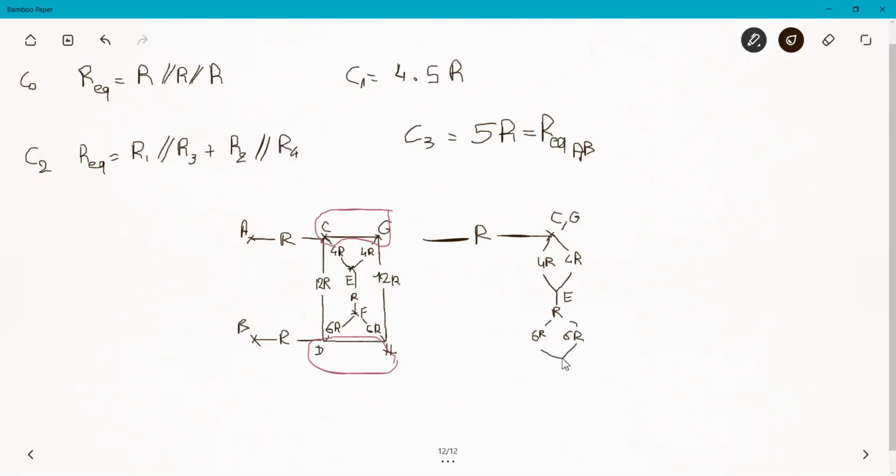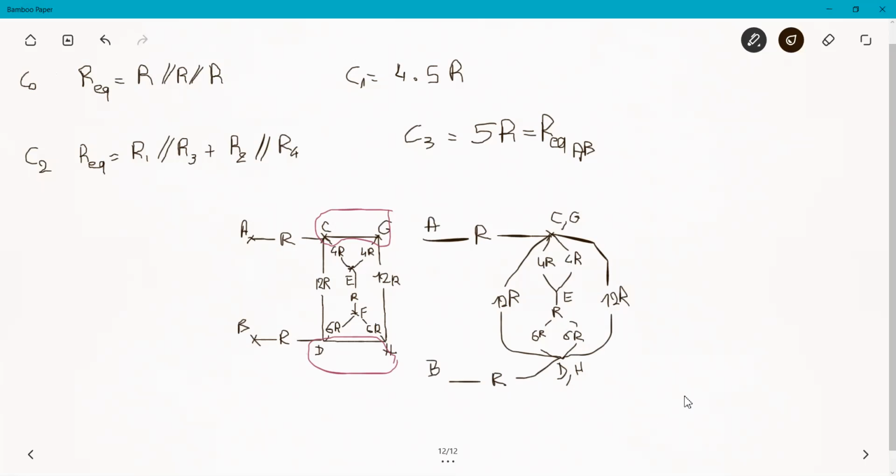Then you have here 12R and 12R, and everything is meeting here at the node that I can now call D, H. And then from this node, you have another R, and you have E and B. Okay?